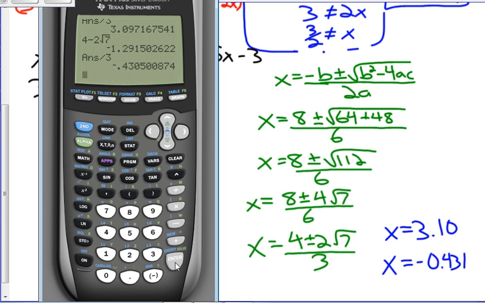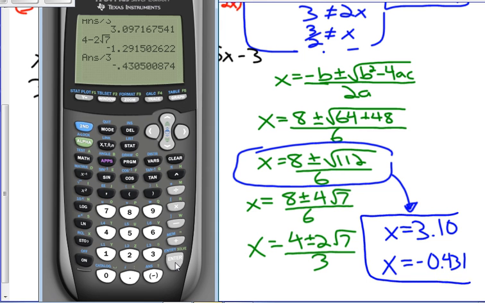Okay. And you could have gotten those answers from this step as well. You could go straight here. So if you weren't sure about simplifying your radicals, there you go. You can still get the decimal approximations. They're not restricted values, so those are both fine answers. Or you could have given it exactly like this. Either one's good.